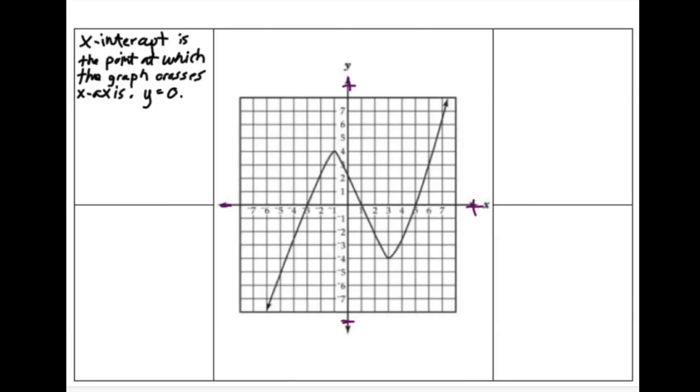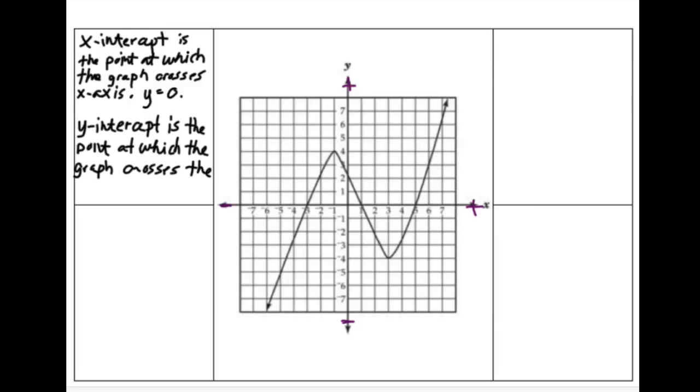So the y-intercept would be the opposite of the x-intercept, right? The y-intercept is the point at which the graph crosses the x-axis.